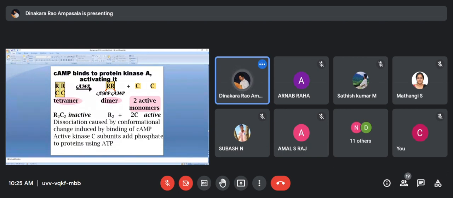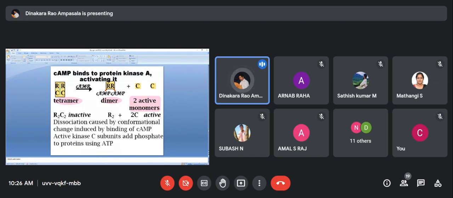So once they are present as a tetramer, this protein kinase A is in the inactive form. Once cyclic AMP interacts with the R subunits, it cleaves the C units. Once the C proteins are cleaved from the tetramer, they get activated and act as kinase, actively involved in the phosphorylation of some other proteins.